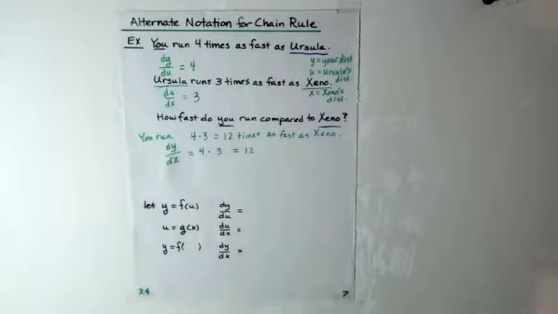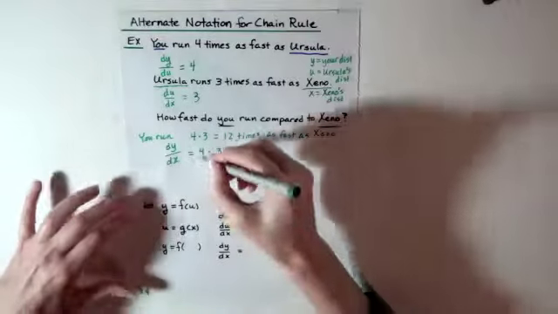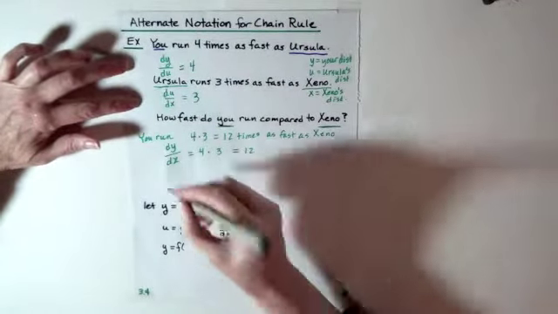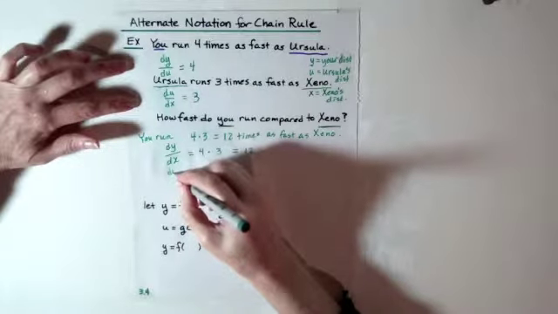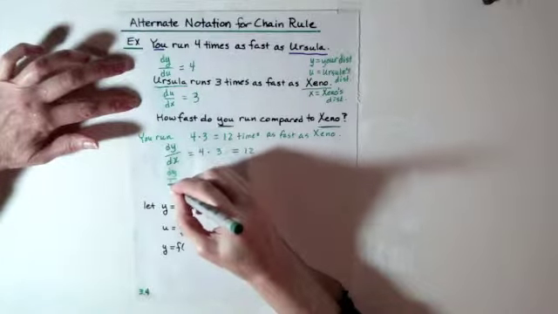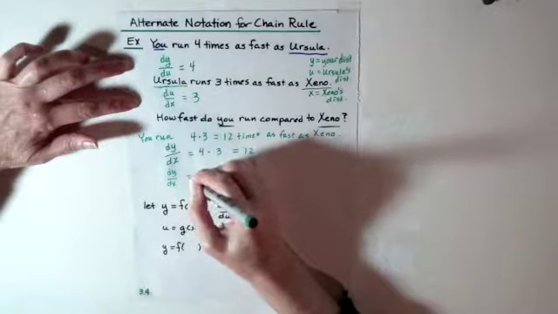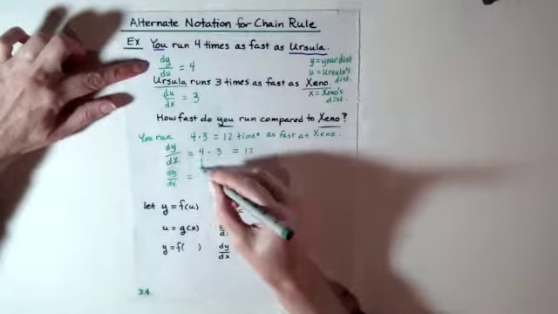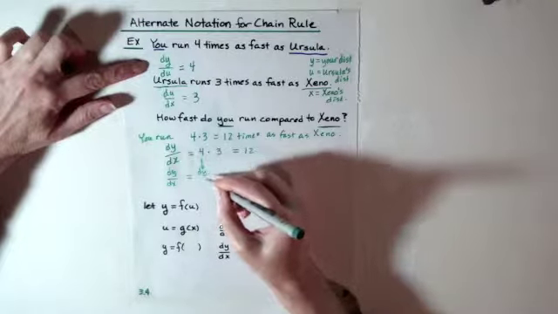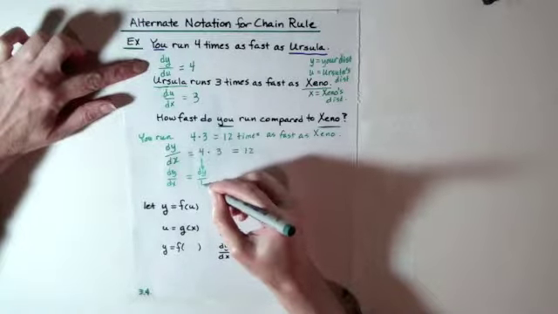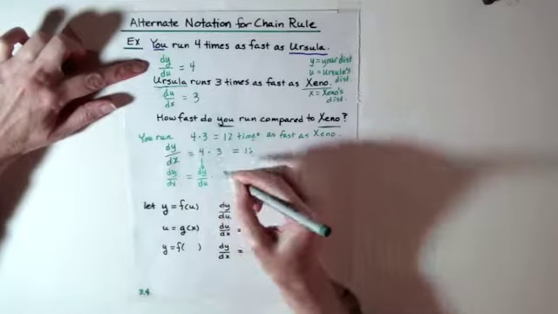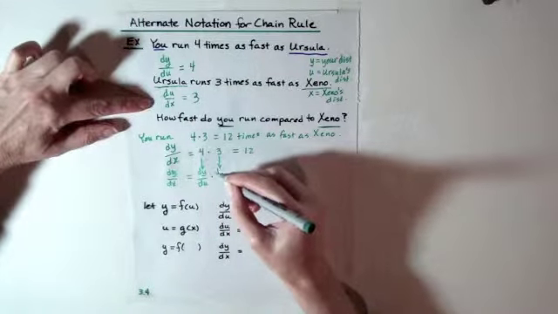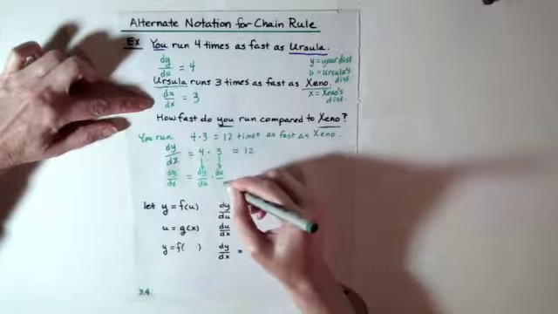So right underneath this line, I'm going to write down what the 4 and the 3 were in terms of symbols from up here. So I'm going to write the following, that dy dx is equal to, and the 4, remember in symbols, was dy du, and the 3 in symbols from above was du dx.